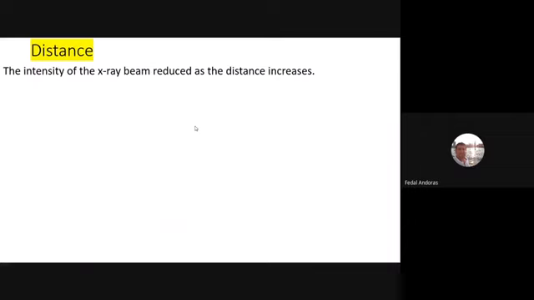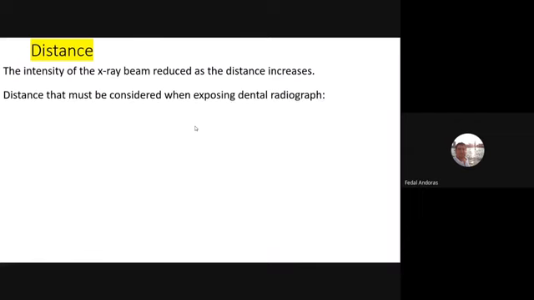When you sit in front of a heater, the heat is higher. When you go away about 1 meter, it will be less. 2 meters, less. It's the same thing with the X-ray. And this helps humanity decrease the harm of the X-ray, because it has a limit. It will not go for kilometers without dispersion, without disappearing. So the intensity of the X-ray beam is reduced as the distance increases. So distance must be considered when exposing a dental radiograph.